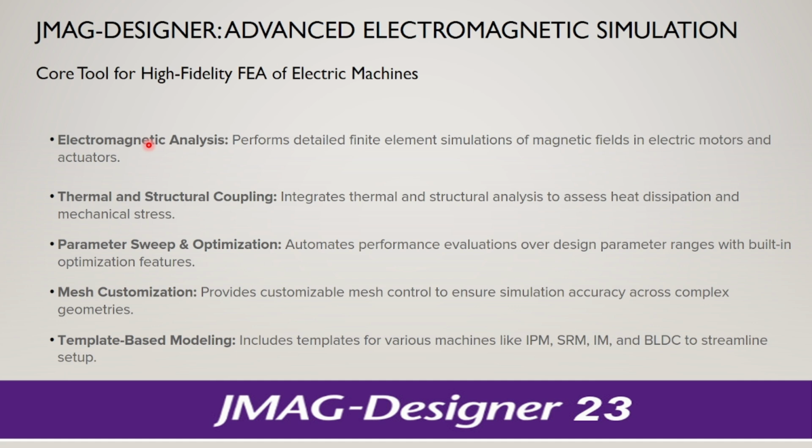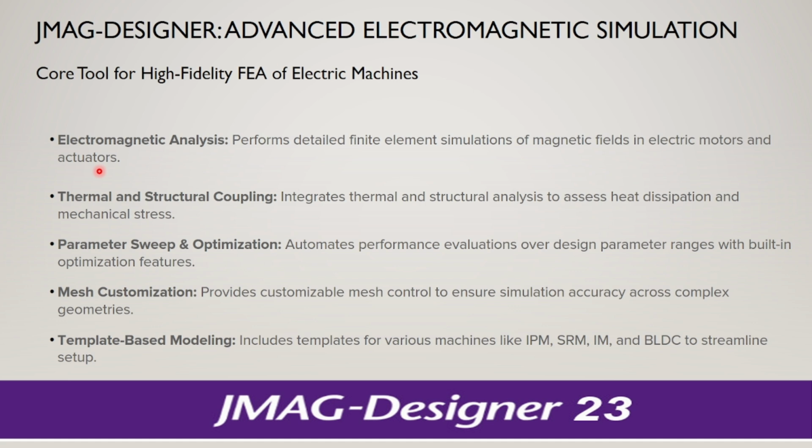That finite element analysis for electromagnetics means you will see the magnetic field of the electric motor you are designing, and also for your actuators. For any type of motor, you can simulate an electromagnetic finite element analysis of the magnetic field. This electromagnetic analysis will cover the magnetic field and structural behavior of your motors.